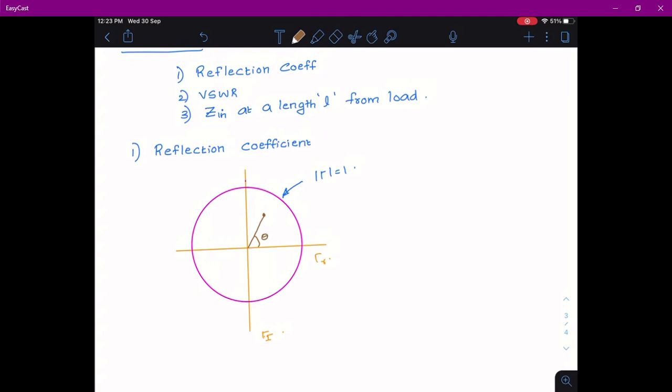Okay, so each and every point inside the circle has a coordinate for tau r and tau y. So let's say I want to measure at this point A what is the reflection coefficient. We already know the outermost circle has reflection coefficient equal to 1. So let me mark this as O, the origin O, and the point as A.